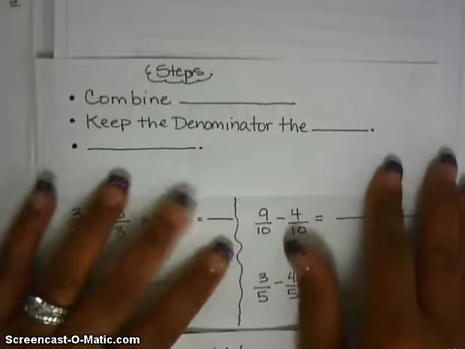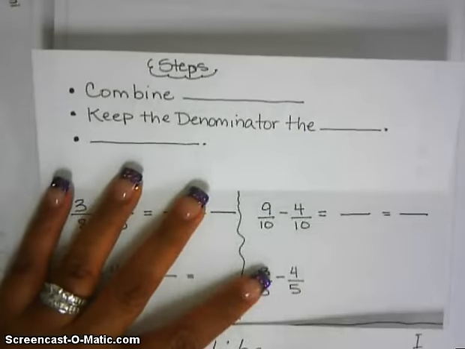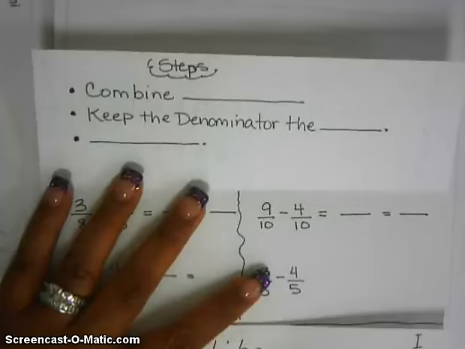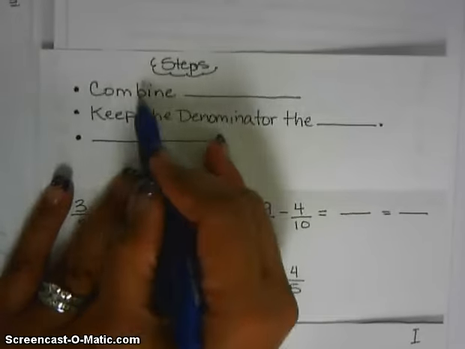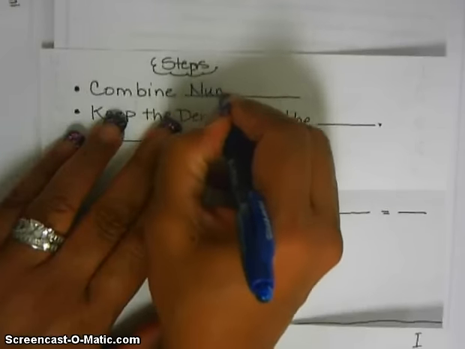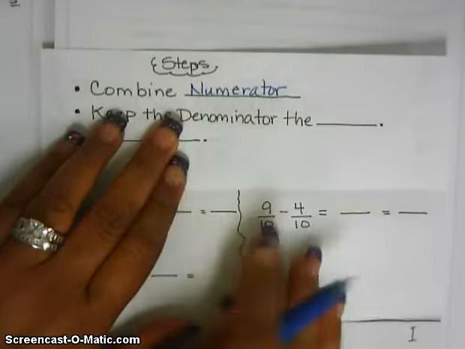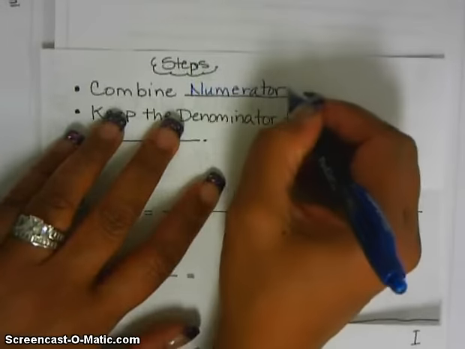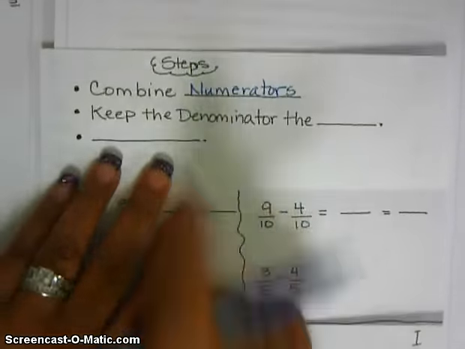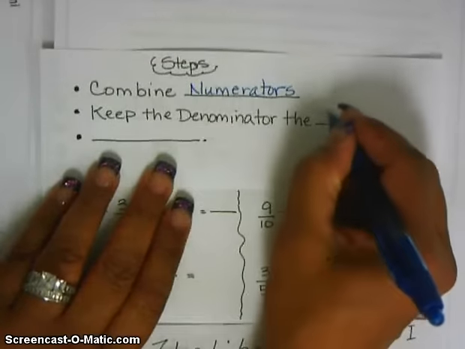So open up your foldable, and you're going to see that we've got steps first. Our first step is to combine the numerators. When we have like denominators, we only have to worry about the numerator. So we want to combine the numerators, keep the denominator the same.